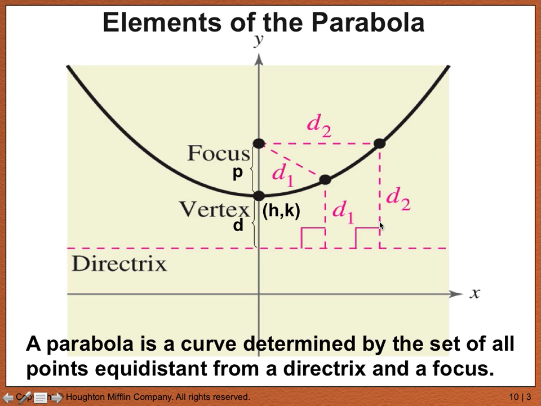Now when we're talking about the distance from a point to a line, you remember from last section, we're talking, of course, about the shortest distance, and that would be the line that's perpendicular to the line in question. And so each of these, this D2 and this D1, are perpendicular to the directrix. But that is the definition of a parabola. It is a curve determined by the set of all points equidistant from a directrix and a focus.